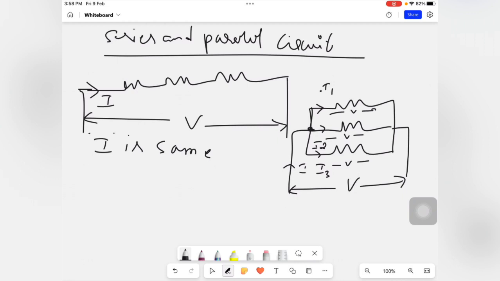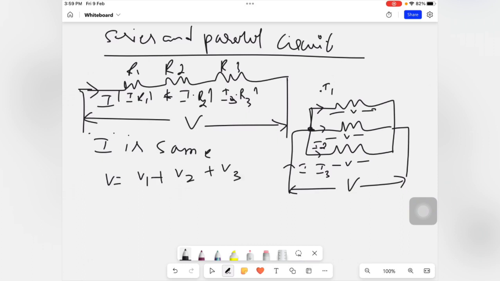So we can conclude that in a series circuit the total voltage is the sum of the drops across the individual elements. The drop across R1 is I into R1, across R2 is I into R2, and across R3 is I into R3. So V is equal to V1 plus V2 plus V3, whereas the current I remains the same throughout the circuit.